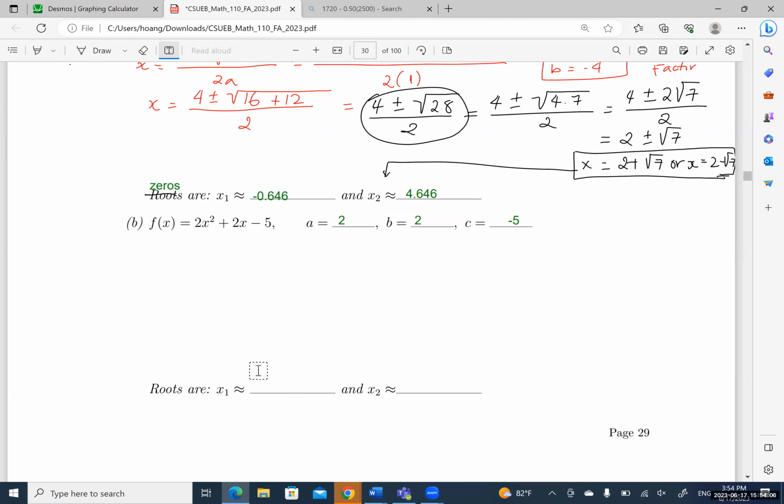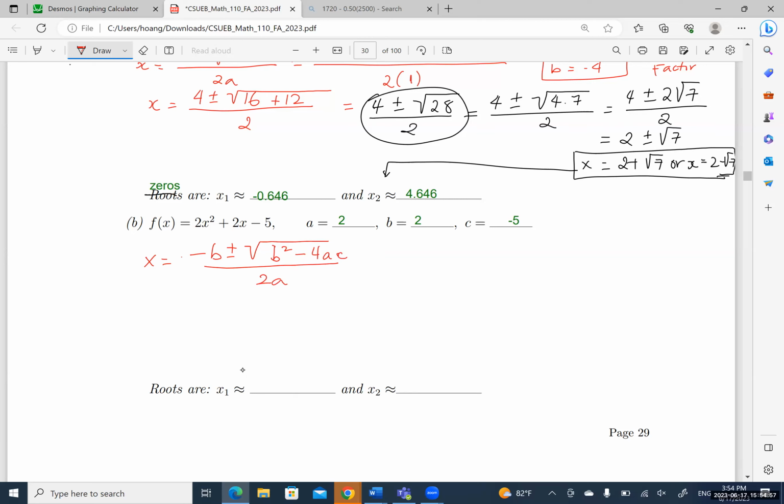So then we can have x equal to negative b plus or minus the square root of b squared minus 4ac, everything divided by 2a.